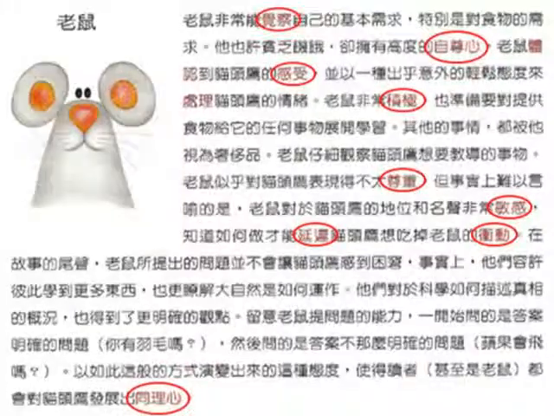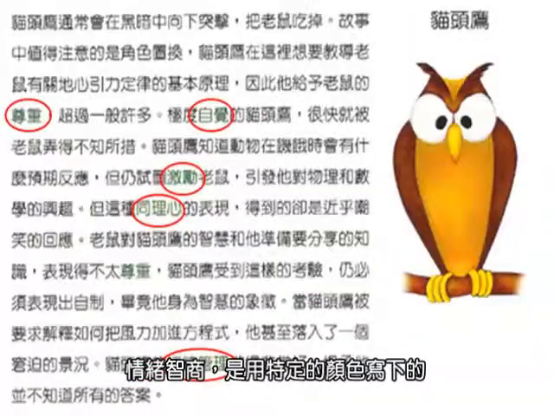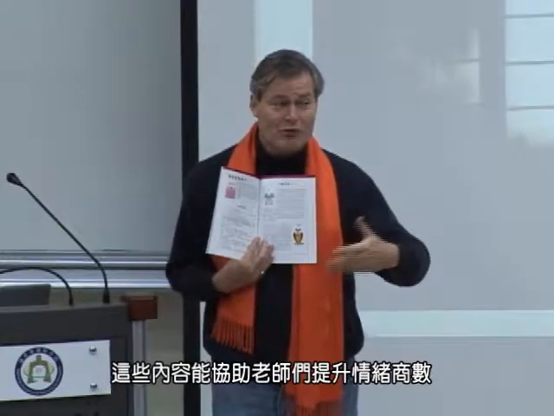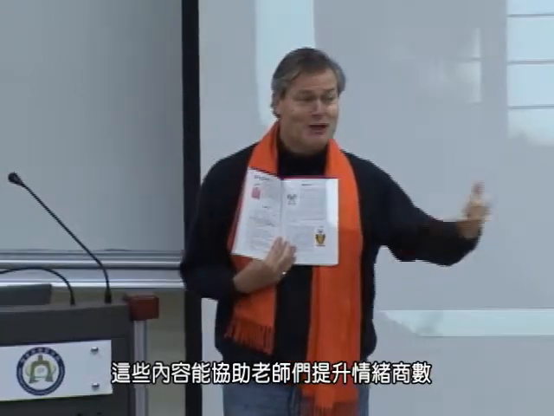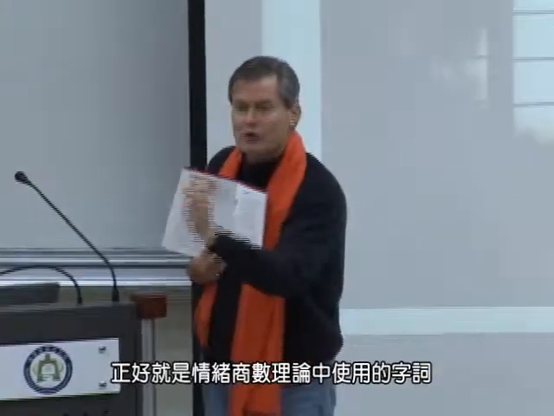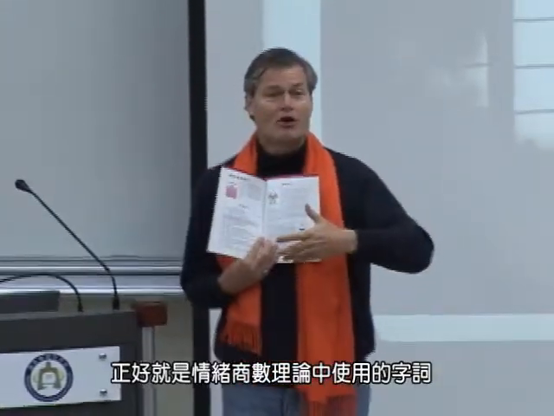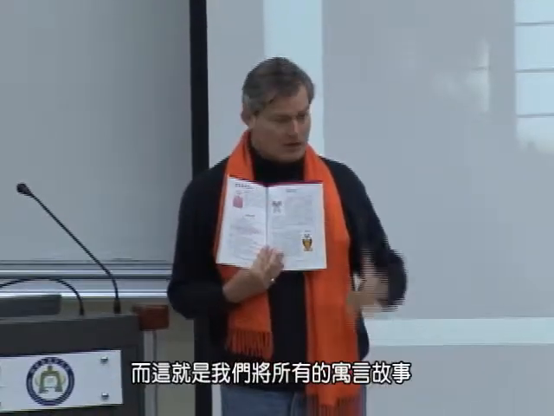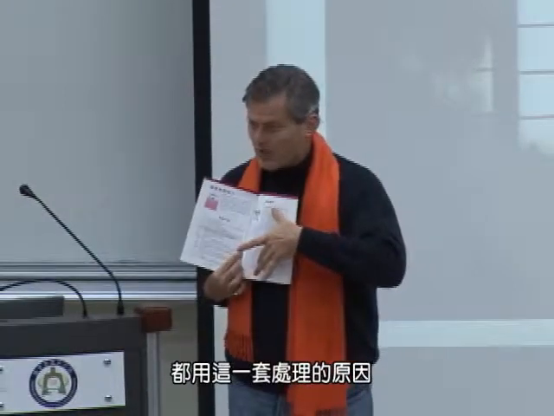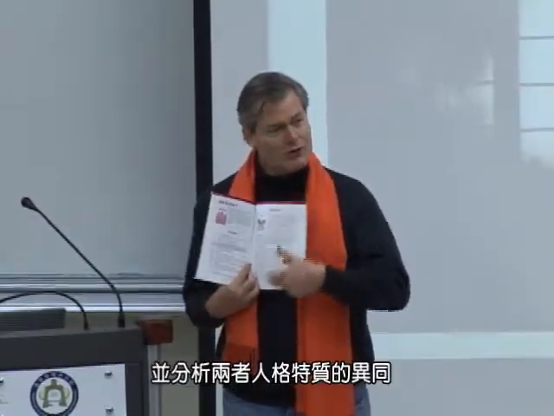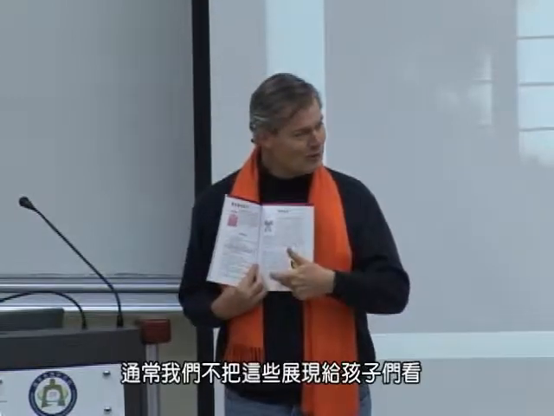What about ethics? It's taken up in specific colors. So this helps the teacher to become very emotional intelligence literate, because the words that are being chosen are exactly the words as the theory of emotional intelligence prescribes. And that is why we did it for all the fables in this way, so that you can see the two characters and you can compare the two characters.